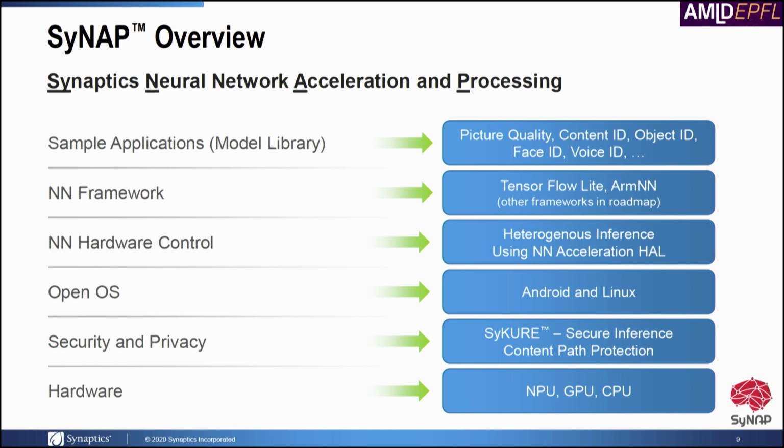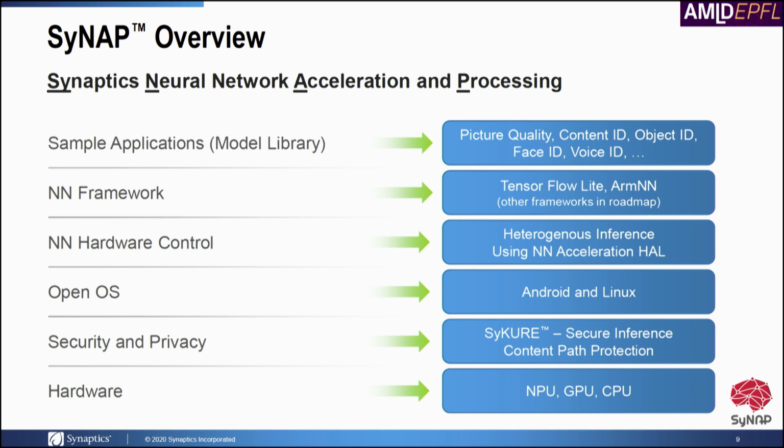As I tried to explain, we have a very powerful programmable hardware. But in order to use this kind of hardware, you need a lot of software. A lot of development is done at the software level, the driver level, the tools level, and the framework level, in order to leverage what we can do on the NPU in conjunction with the CPU and the GPU.